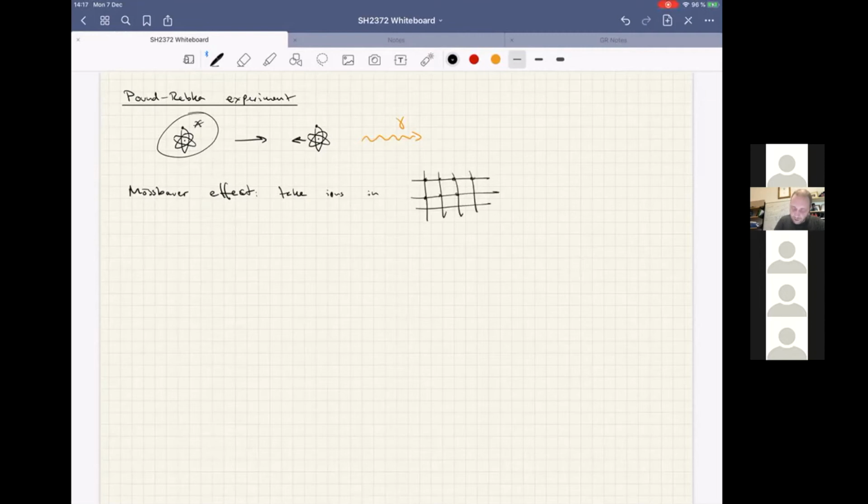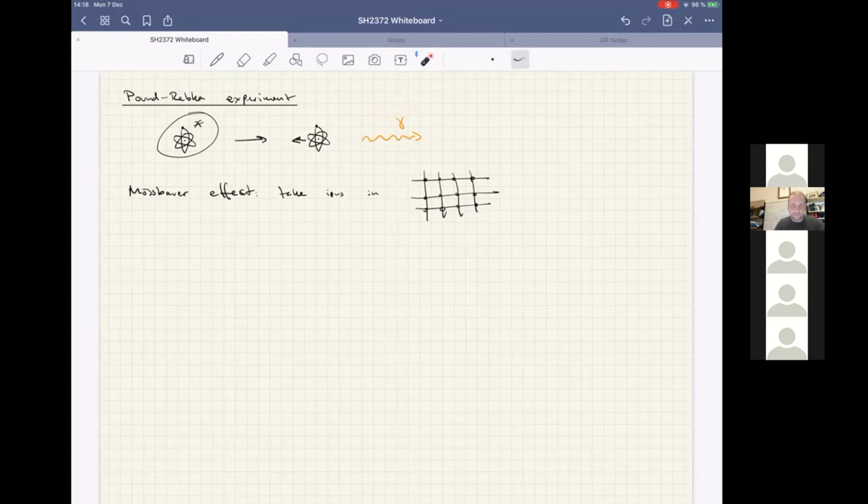So as long as that is true and you have your excited ions being essentially trapped in the grid, this recoil is not caught just by the ion itself, but it's caught by the entire material. And since the entire material is much heavier than each individual ion, you reduce the recoil energy, which means that this gamma is going to be much closer to the actual transition energy.